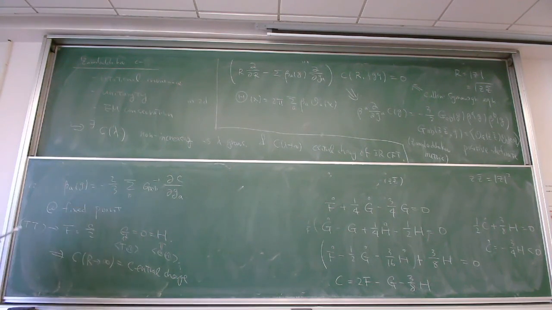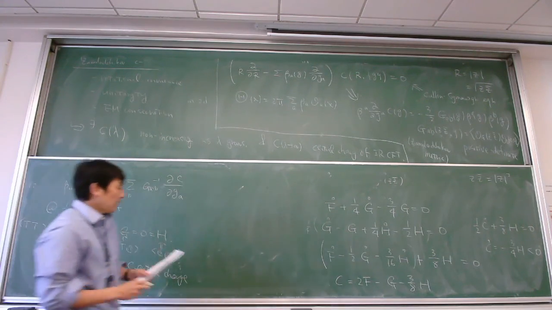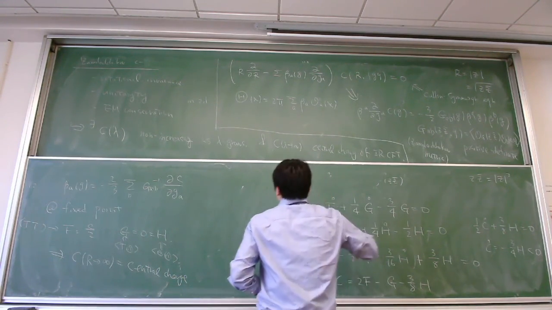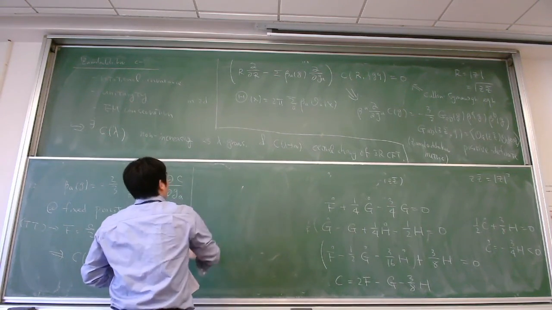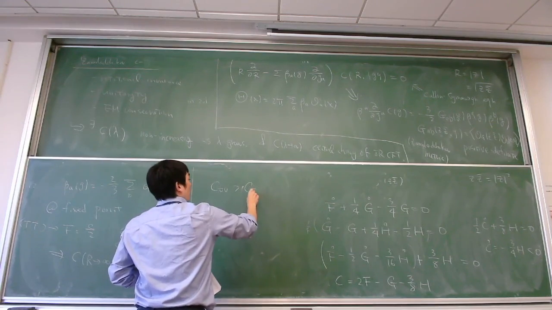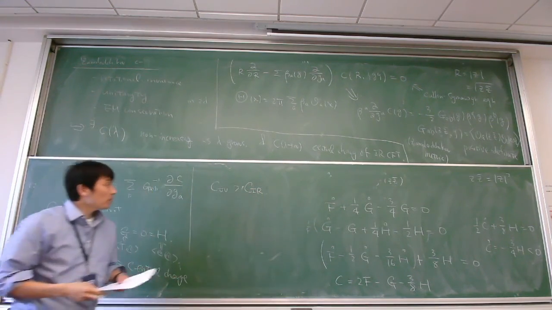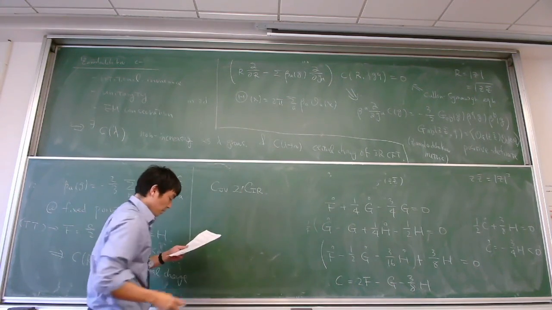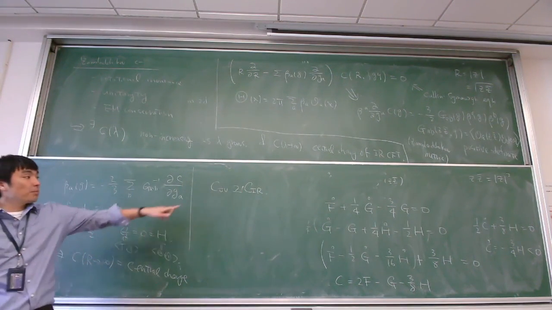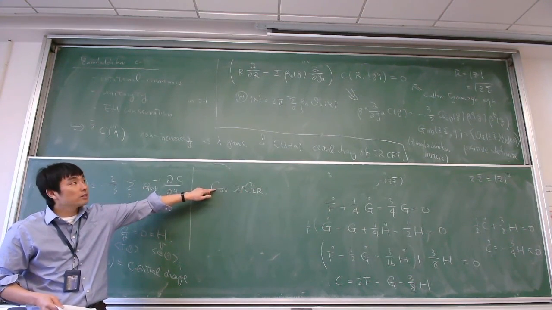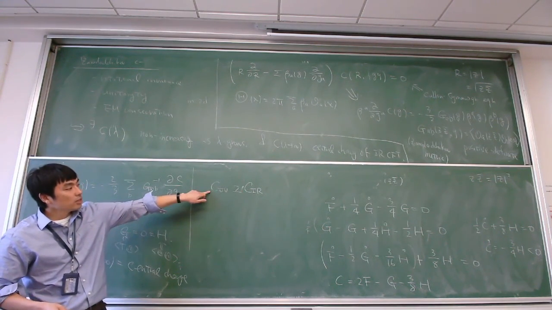And since, at the fixed point, sorry, I don't have time. Since this is a decreasing function, you always have C UV greater than or equal to C IR. So therefore, C can be understood as measuring some degrees of freedom of the theory.